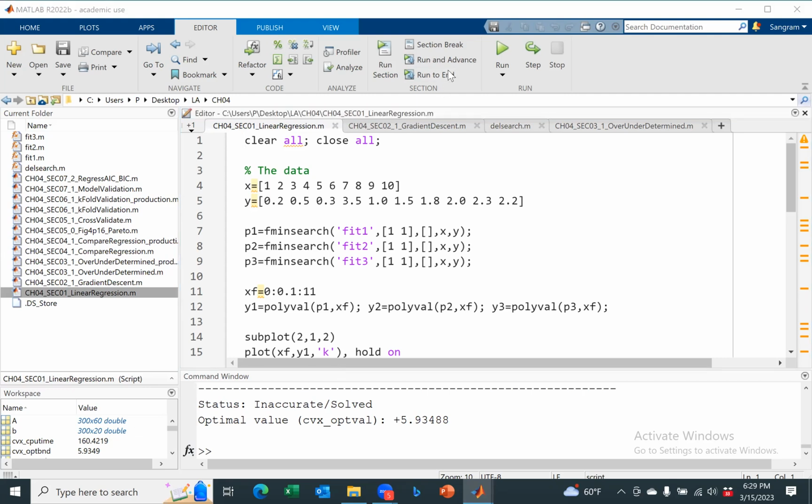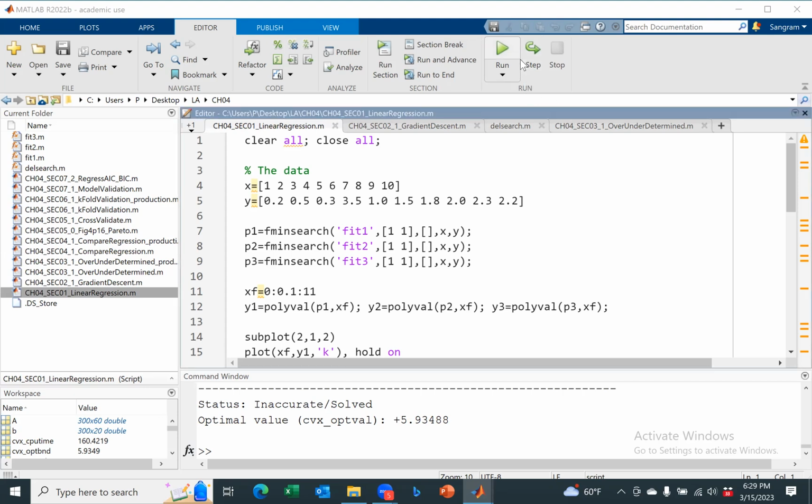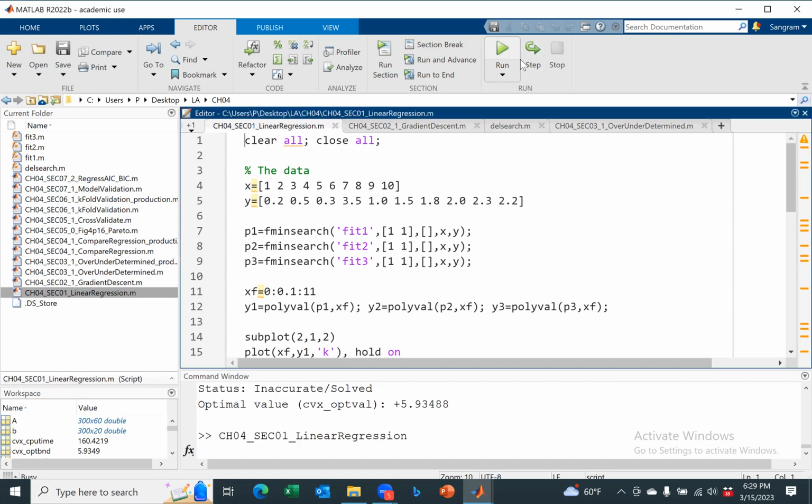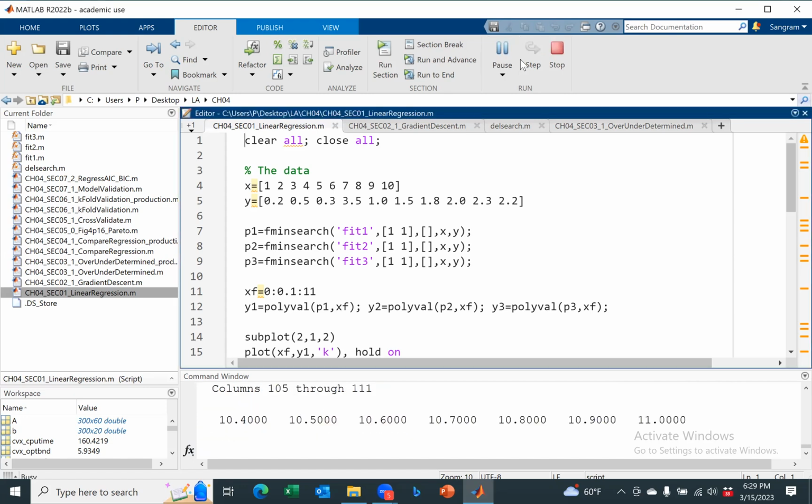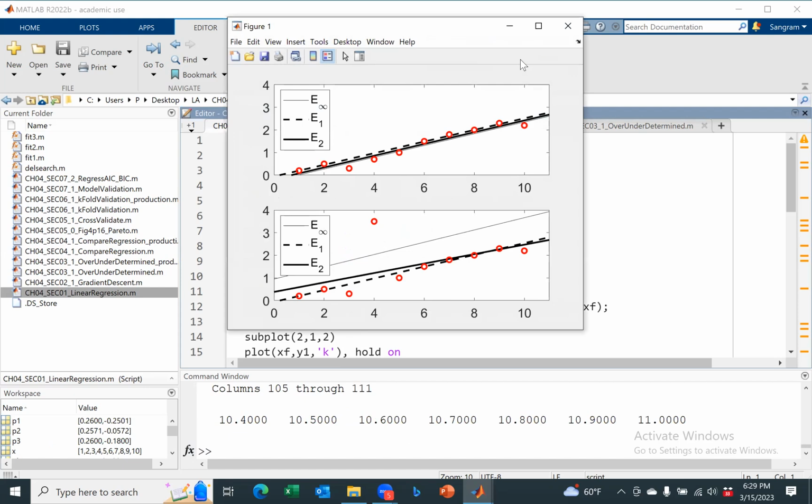So if you decide to pursue a career in control theory, then you will notice that that is something that can be used. Now I'm going to run this code, and if you have the files, please run those. And now you will see the fits. This is the same data set. We have the data set X and Y, and depending upon what norm we choose, we get a different type of fit.